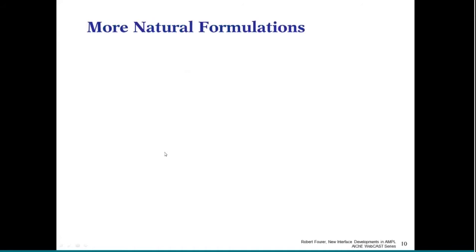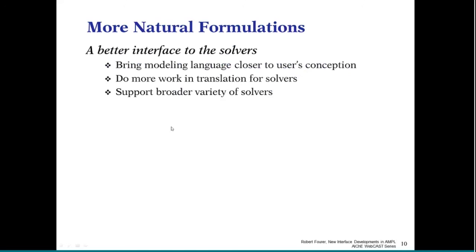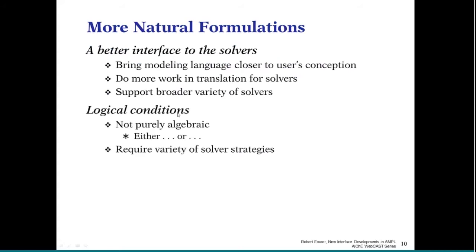And so first I'll talk about more natural formulations. That's the idea of a better interface to the solver by bringing the modeling language closer to the user's conception than just these algebraic statements, and let the translation do more of the work. I'll first talk about logical conditions. These are things like either/ors that are not purely algebraic, okay?